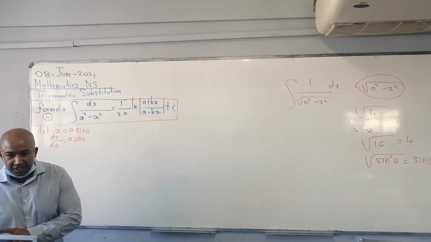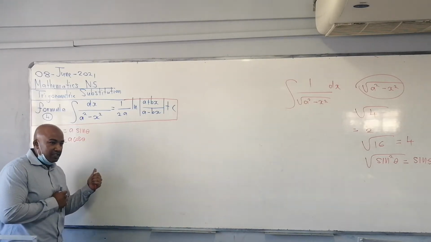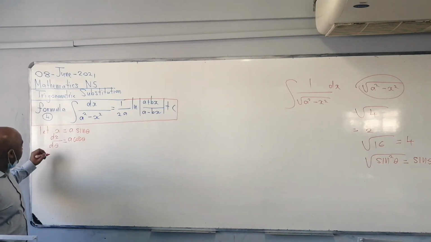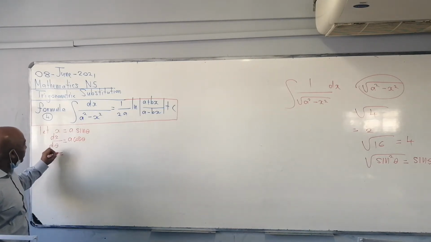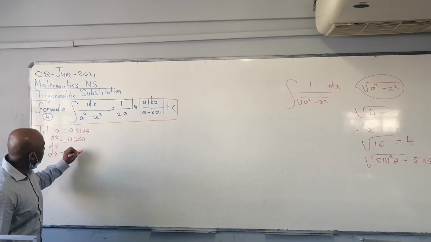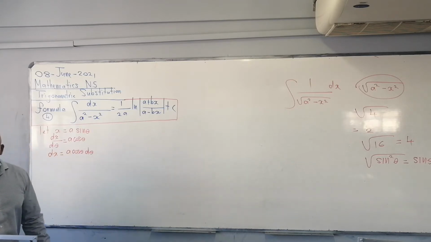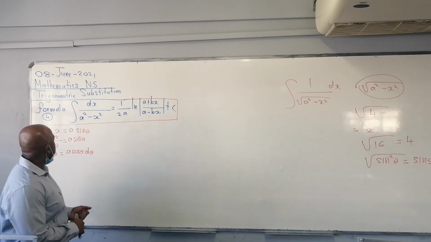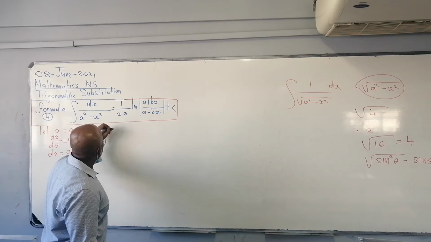Remember we did use substitution previously? This is trigonometric substitution. So if I make dx the subject of the formula, then dx is equal to a cos theta times d theta. Remember we always make dx the subject. Now, what do we have here?